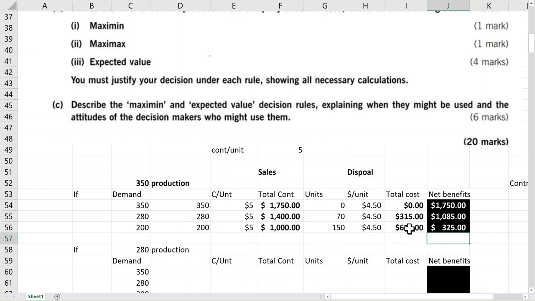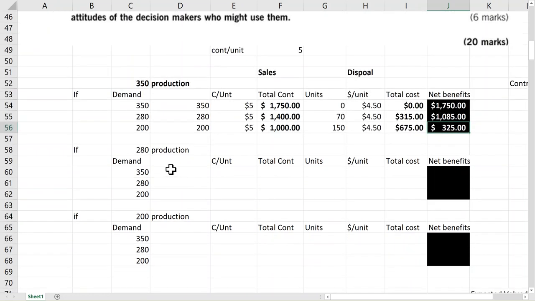So if we produce 350 units, we could make profits from 325 all the way to 1750. So it has a highest and lowest point. The highest point is 1750 and the lowest is 325. What if we produce 280 and demand is 350?